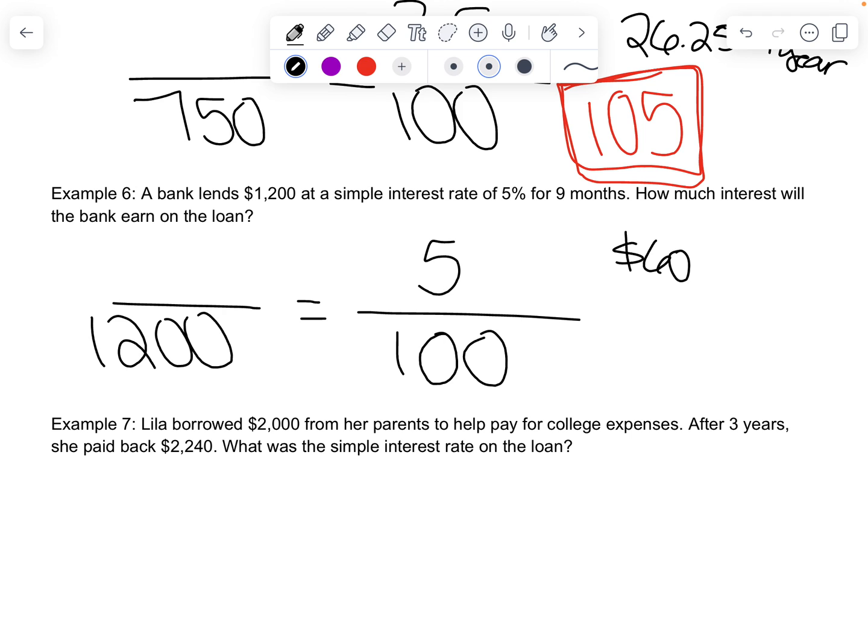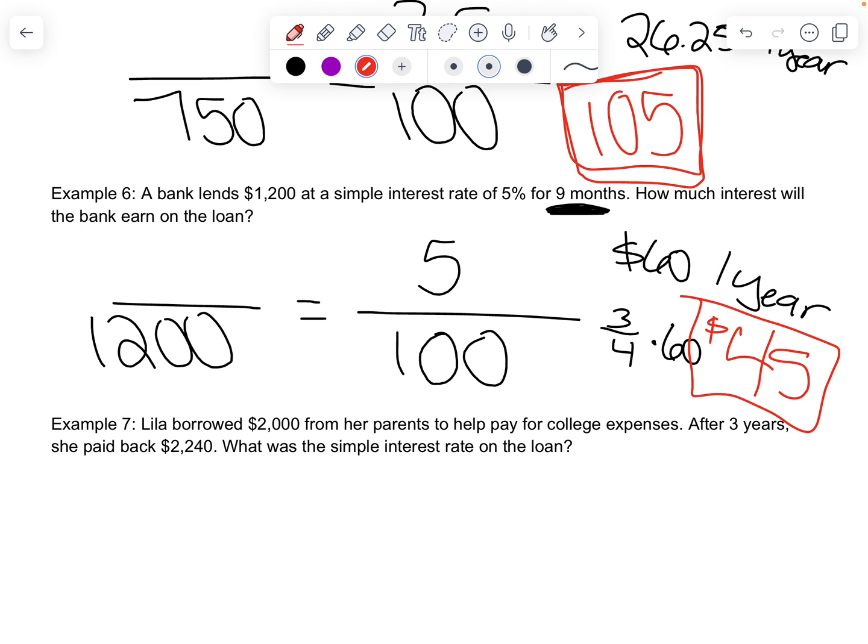But that's $60 for 1 year. They only want to know about 9 months, which is 3/4 of a year. So if I just figure out what 3/4 times 60 is, that means I would get $45. The bank would get $45.